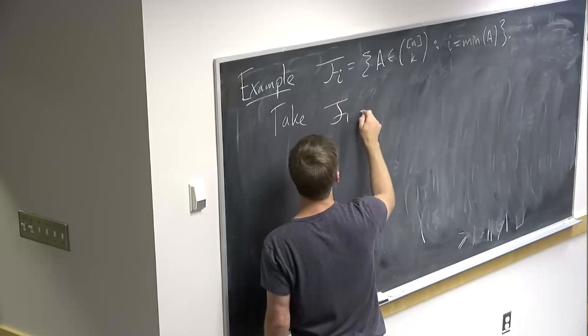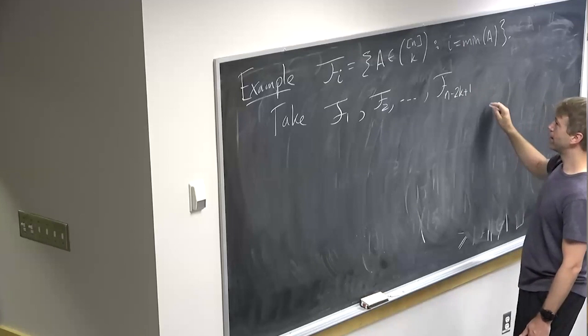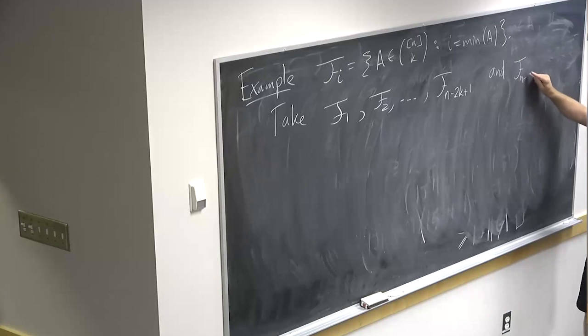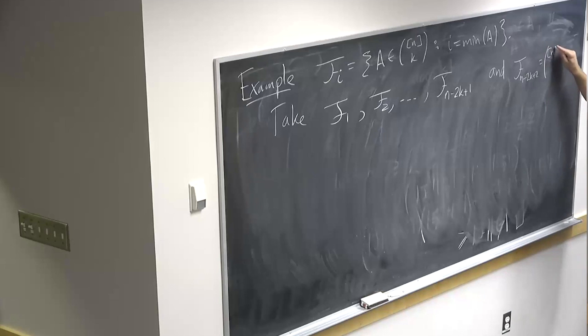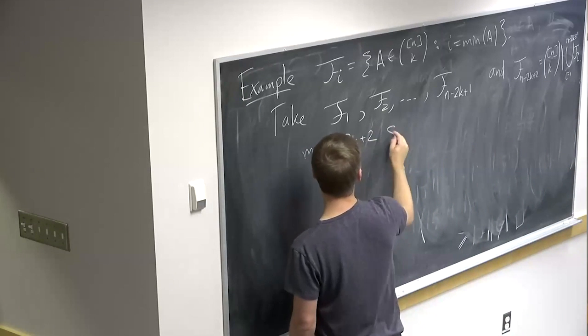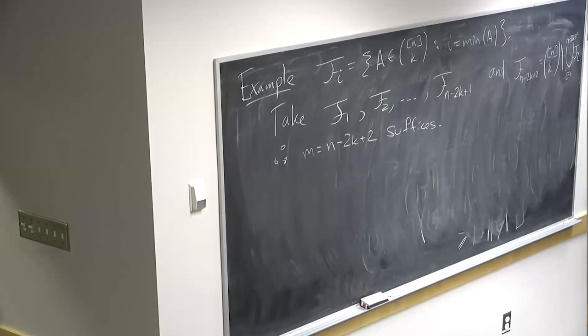So you take F_1, F_2, up to F_{n minus 2K plus 1}, and another set, which I'll call F_{n minus 2K plus 2}, which is everything left over. Therefore, there is a construction using n minus 2K plus 2 colors. But that's just an upper bound on the number of colors. It doesn't answer the question completely.